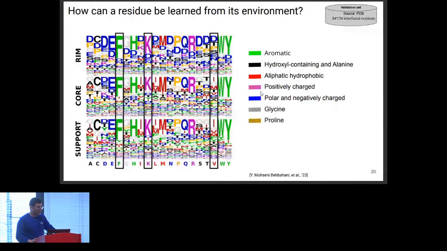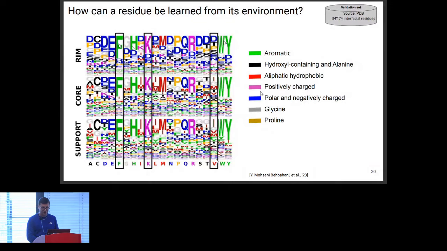So we observed that SSDLA can perform very well, for example, for phenylalanine, histidine, tryptophan, and tyrosine, and it performed well in general for the aromatic class. For methionine it also performs well, but for the aliphatic hydrophobic class, it has a bit of a challenge finding the residue-specific patterns from the environment.